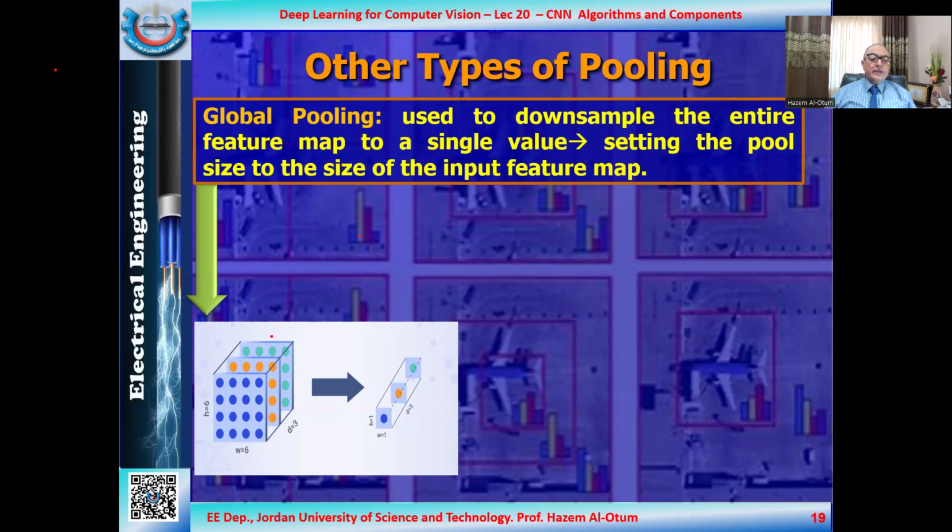However, as you see from this image, we take, let's say, a height and width of 6 by 6, and we replace all values with one value. Of course, here you can use max pooling or average pooling, depending on your target.